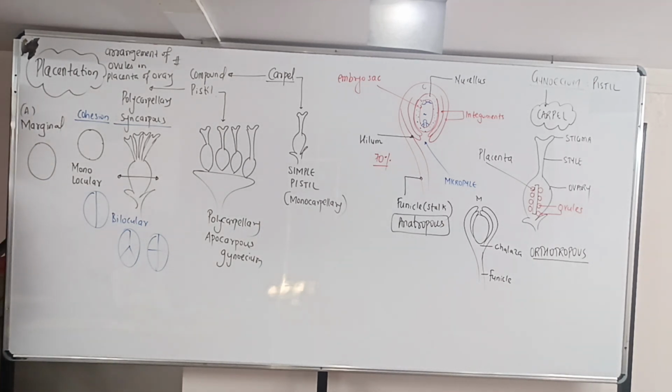So can I say this is the TS of the ovary? Give me yes or no? Yes. And look at this. Do you see this part? Let me call it P. What do you mean by P? Placenta. Okay. And look on the placenta, kids.